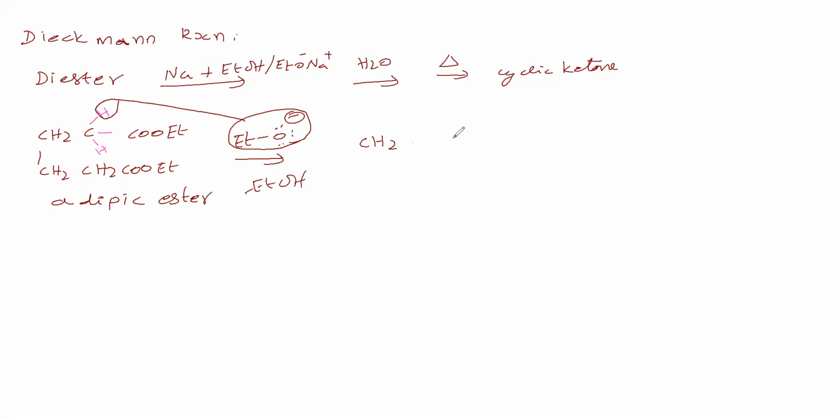So what is the rest? CH2, CH minus, here COOEt, here CH2, CH2, COOEt. We got a carbanion.